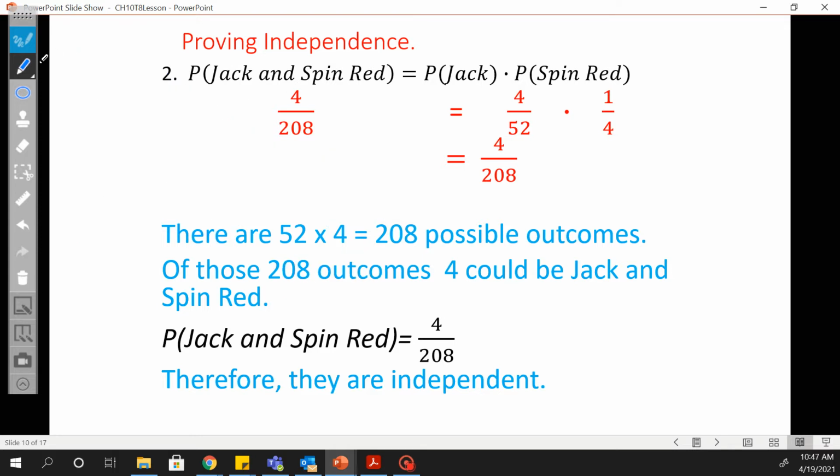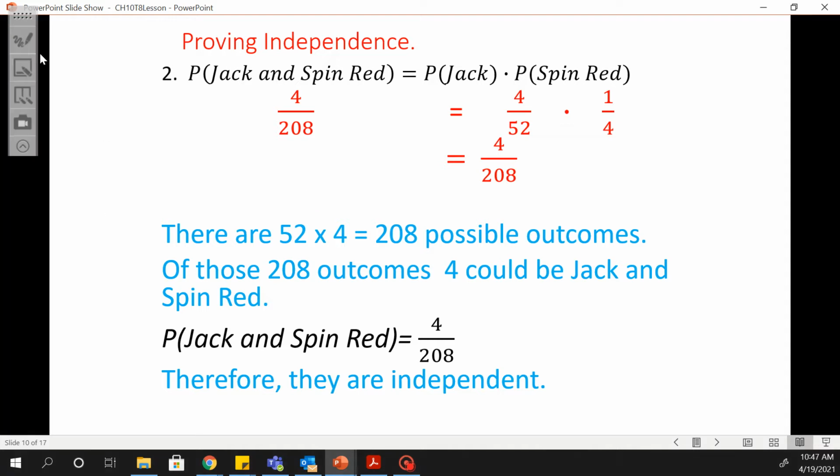So they are independent, okay? Now, if we had multiplied the probability of jack and the probability of spinning red together, and they had been something different than the actual probability of the intersection of jack and red, then we could not say that they're independent.